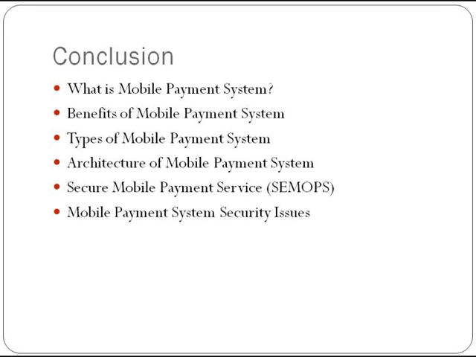And I told you about the architecture of the mobile payment system, its main components, and the secure mobile payment service. And also the last thing I told you about is the mobile payment system security issue. Thank you.